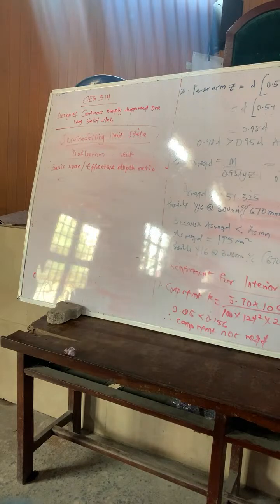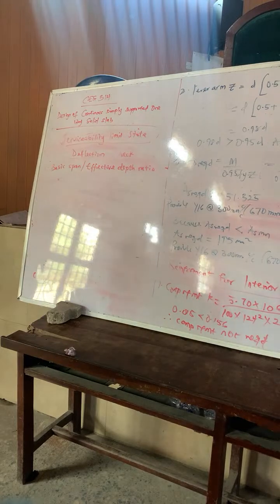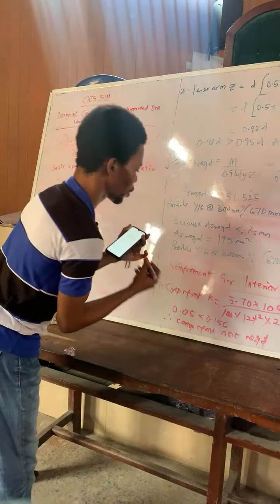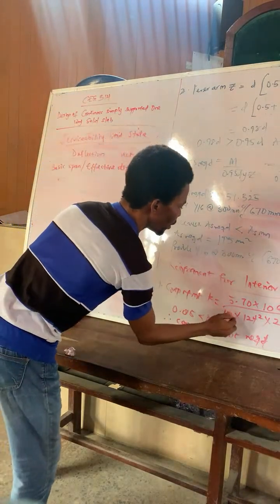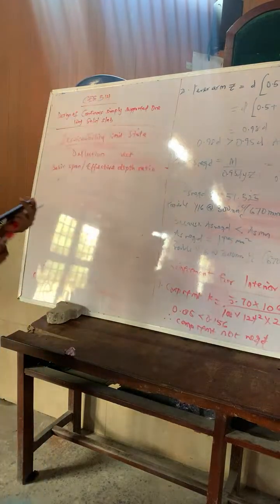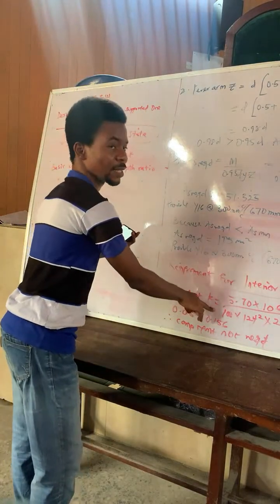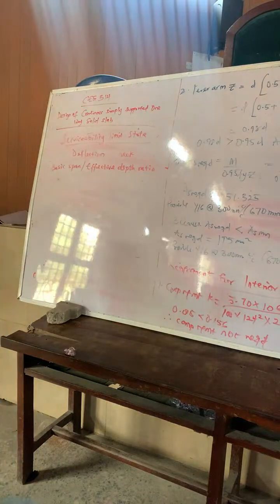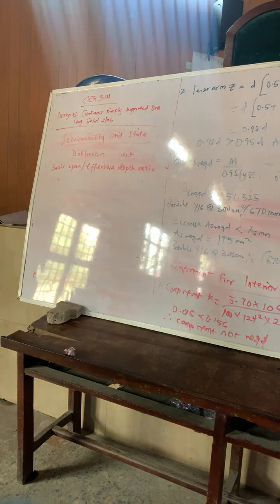This table, page 35. Compression reinforcement is represented with K. The amount of compression reinforcement, yes.